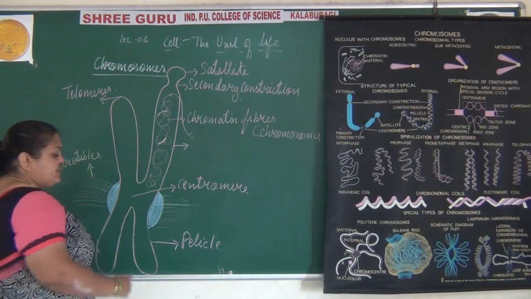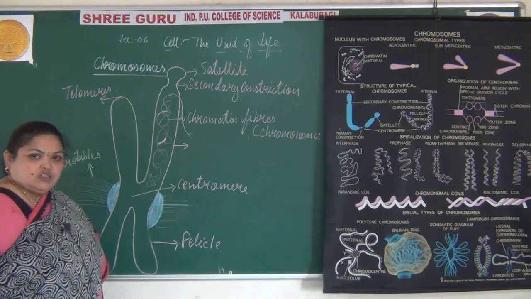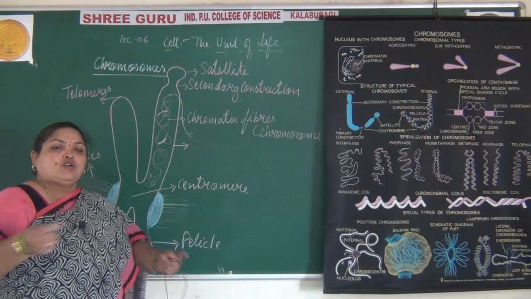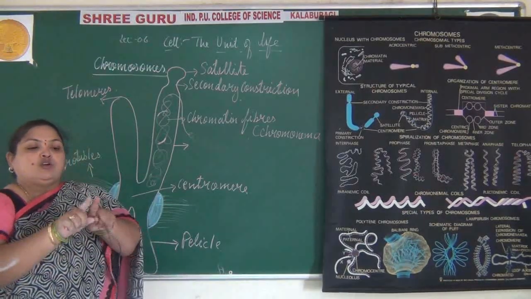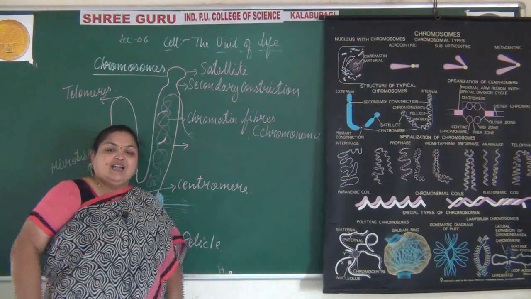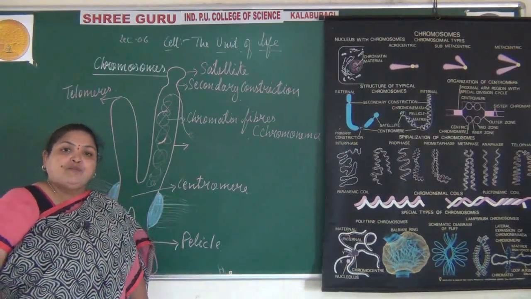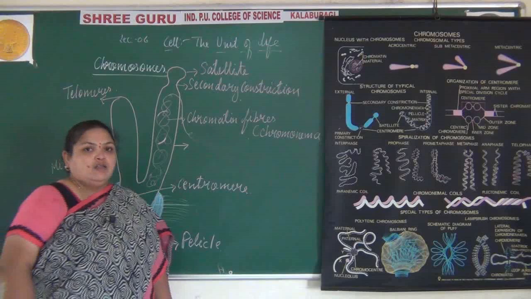In case the telomere gets damaged, yes, there can be mixing of the chromosomes. The chromatids can get entangled with each other, which may lead to some abnormalities of the cell in the future.